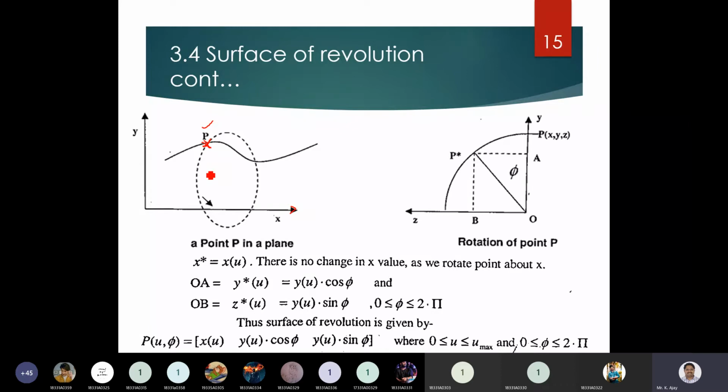In that case, the point on the curve has x comma y comma z coordinates. That depends upon the curve equation. Whatever the z value, if it is not lying in the xy plane, then that z coordinate will come through the curve equation only.